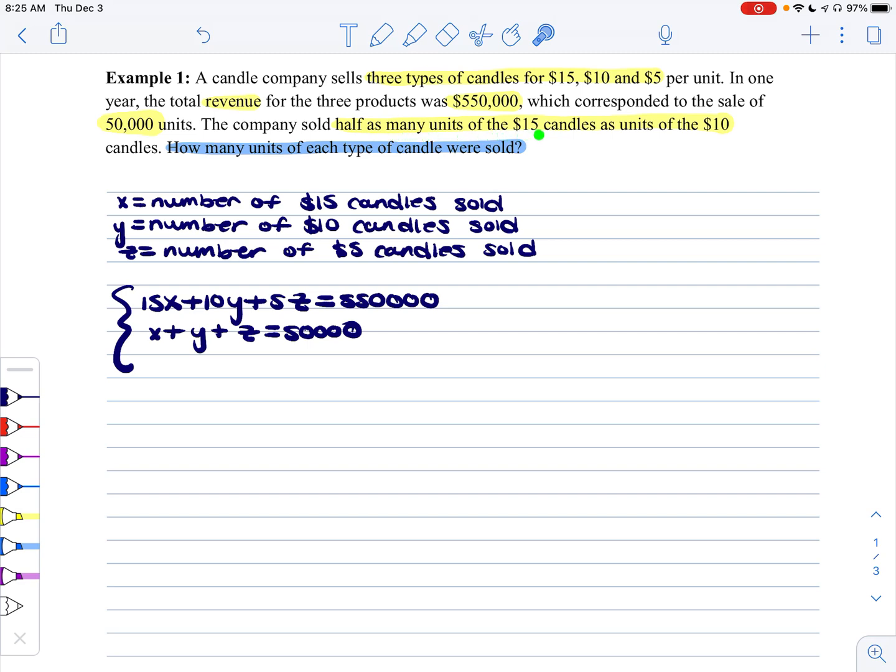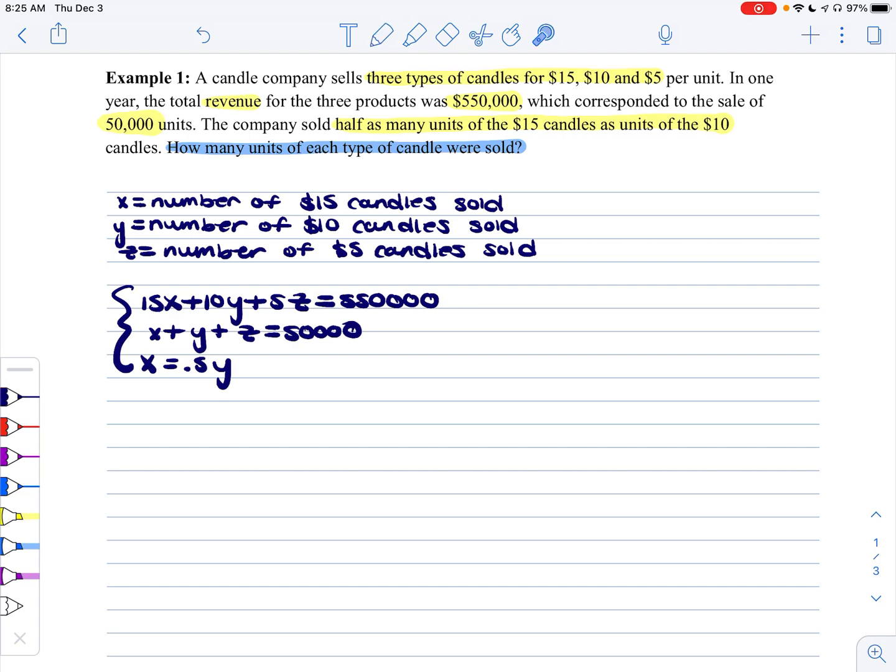The last piece of information they told us is that the company sold half as many units of the $15 candle as units of the $10 candle. So half as many x's as y's, which means if we know what our y is, we need to cut it in half, and that would give us our x.